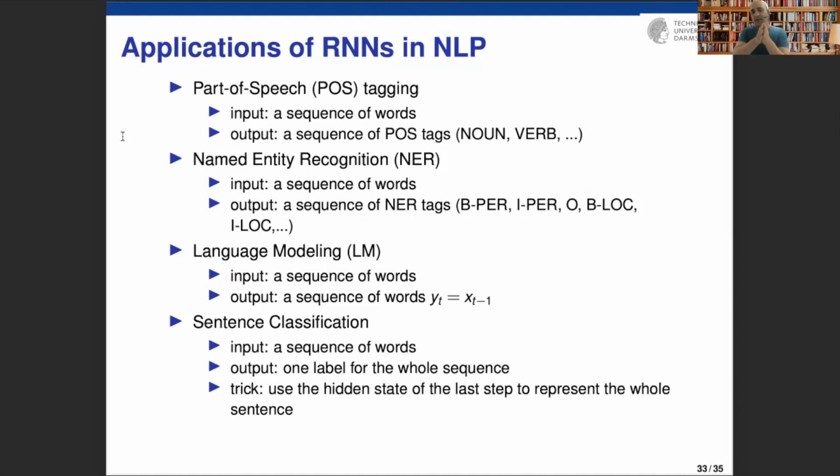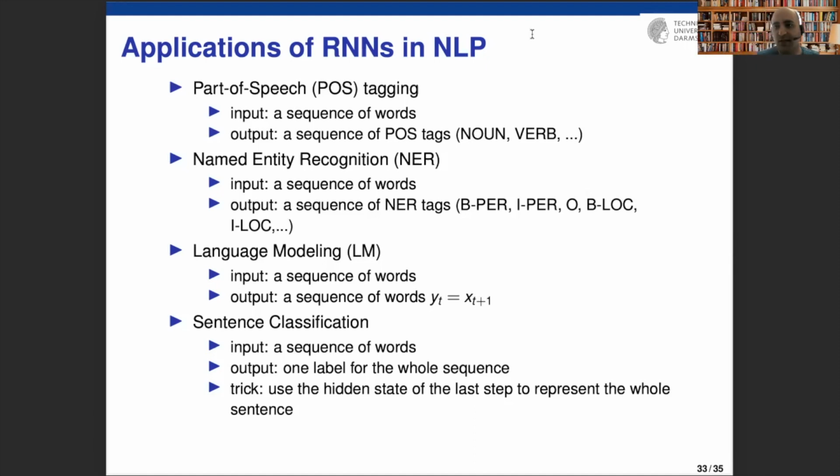So you have a sequence of words and you want to assign each word token a tag, like B-PER, the beginning of the person name, and the second word is the inside of that, and so on. Since you have a sequence as the input and you want to do sequence prediction, you can use an RNN.